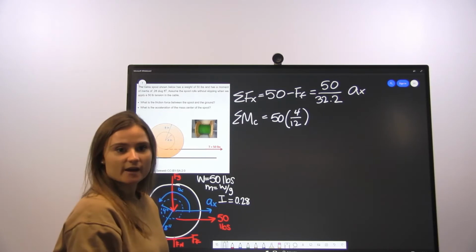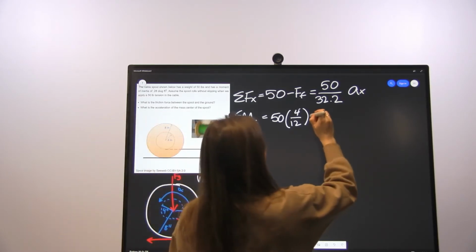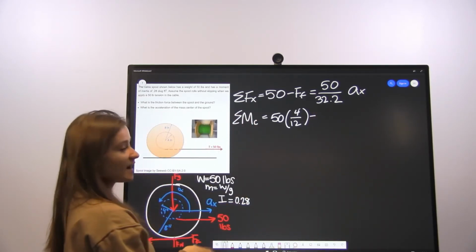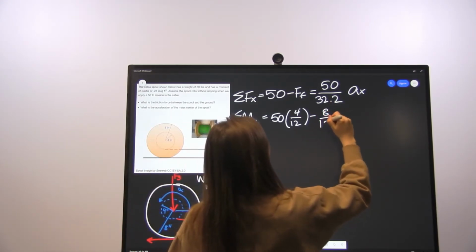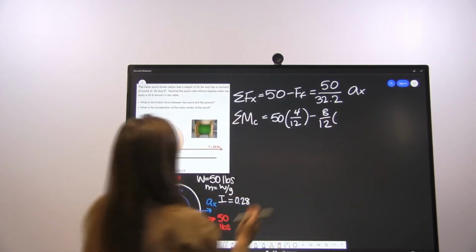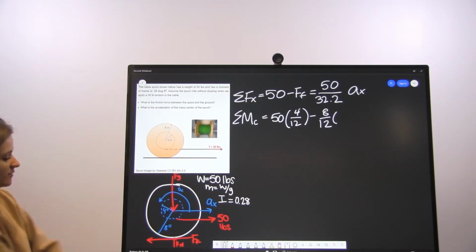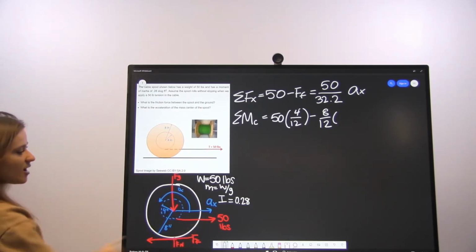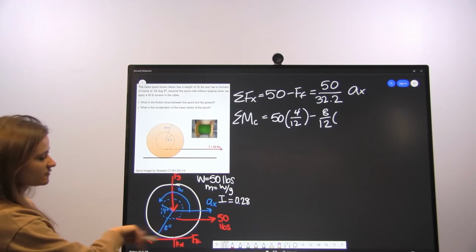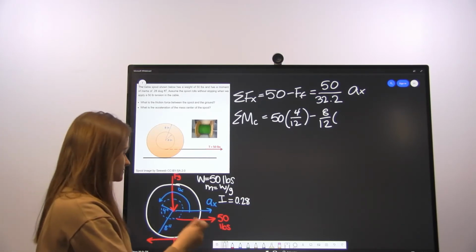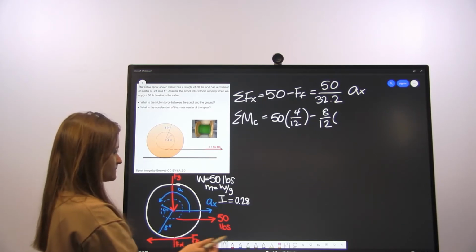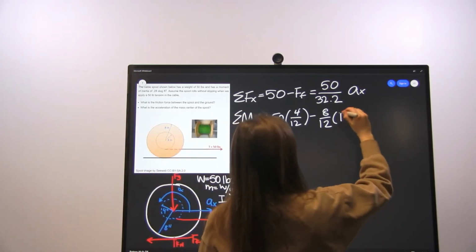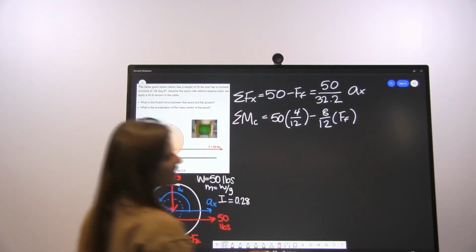Then we subtract 8/12 times the force of friction, because the force of friction is acting to the left, opposite the tension force, which creates a negative moment, and that is acting on the entire spool.